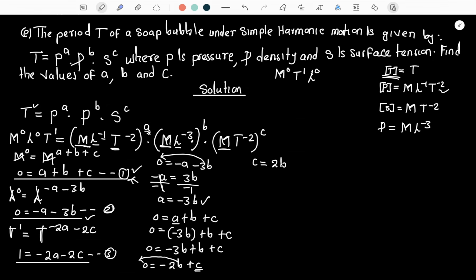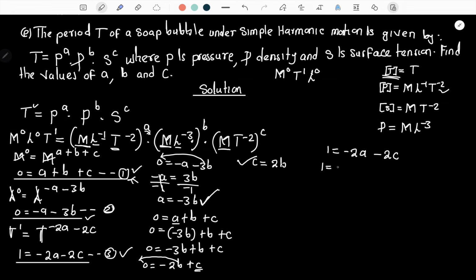What then can we do about it? Notice that you have this particular equation 3. Equation 3 was simply 1 is equal to minus 2A minus 2C. You already have your C and you already have your A. So A is basically here. Then C is basically here.